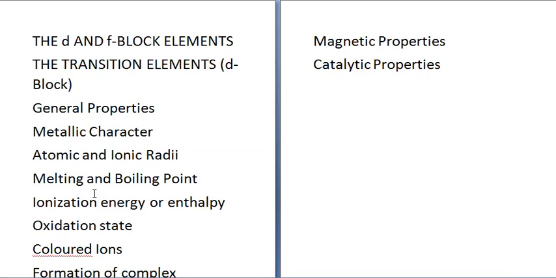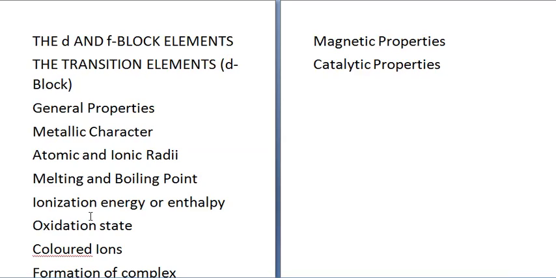Next is ionization energy or enthalpy. First, the ionization energy of transition elements lies between s and p block elements due to the shielding effect and increasing nuclear charge. So there is a slow increase in ionization potential on moving along a period.